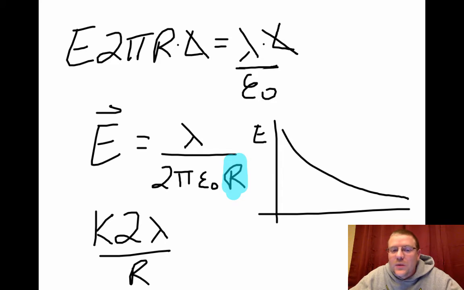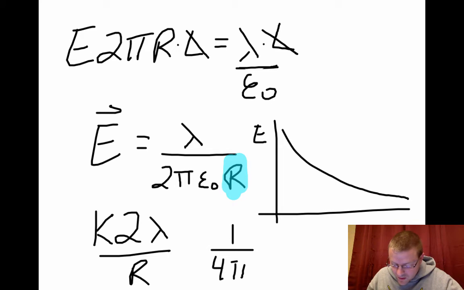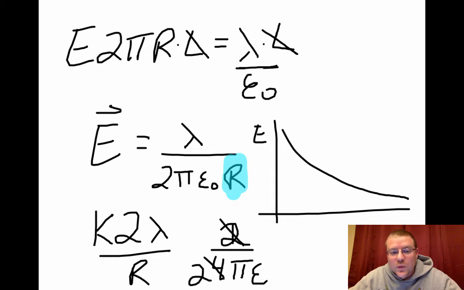It looks a little bit different there, but 2 times k, remember, the k constant is really 1 over 4 pi epsilon 0. So if I multiply Coulomb's constant by 2, I knock out the 4 and leave behind a 1 over 2 pi epsilon 0. So it still gives me the same exact function whether I use epsilon 0 or Coulomb's constant.